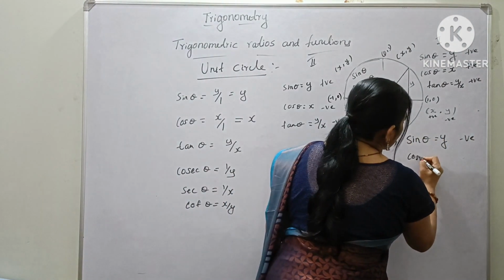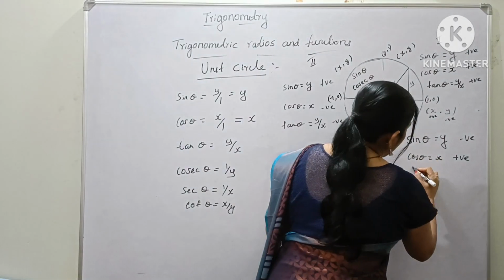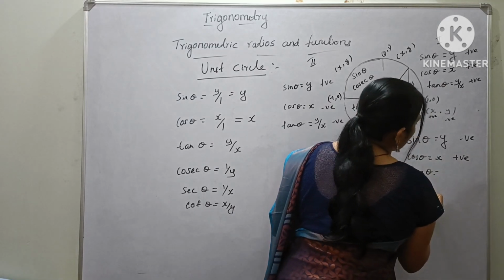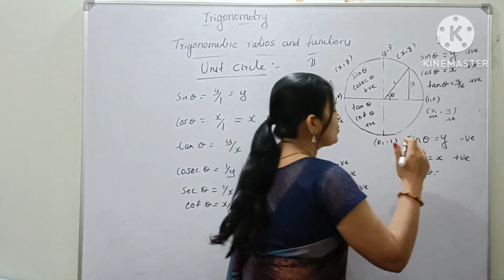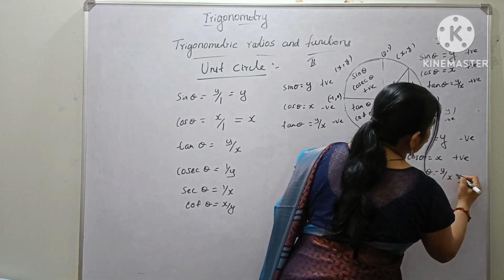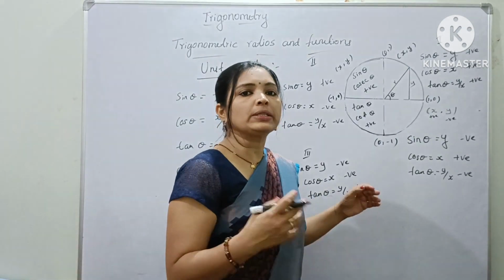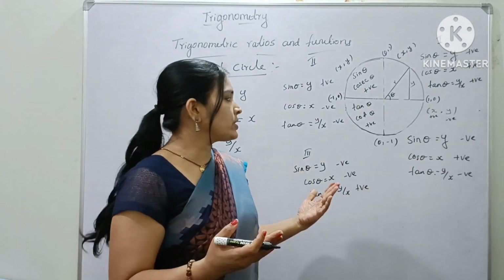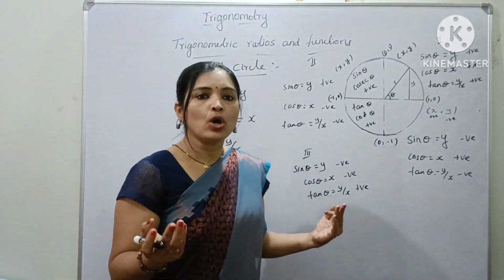Next, cos theta is equal to x, which is positive in the fourth quadrant. Tan theta is equal to y divided by x, that is negative divided by positive, which is negative. So only cos theta is positive in the fourth quadrant. Since cos theta is positive, its reciprocal sec theta is also positive.